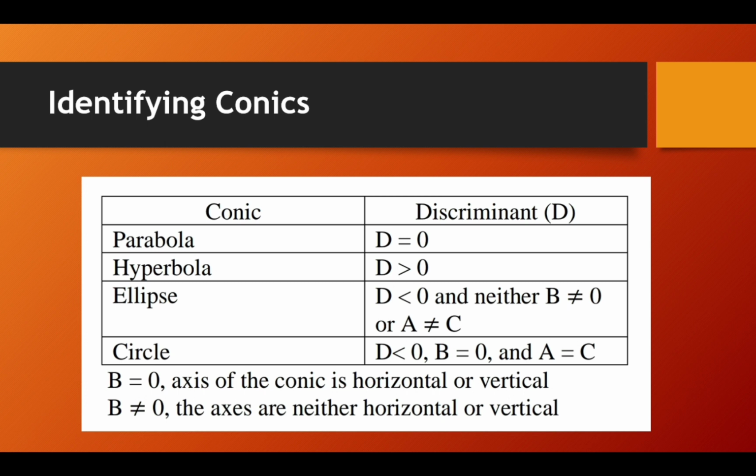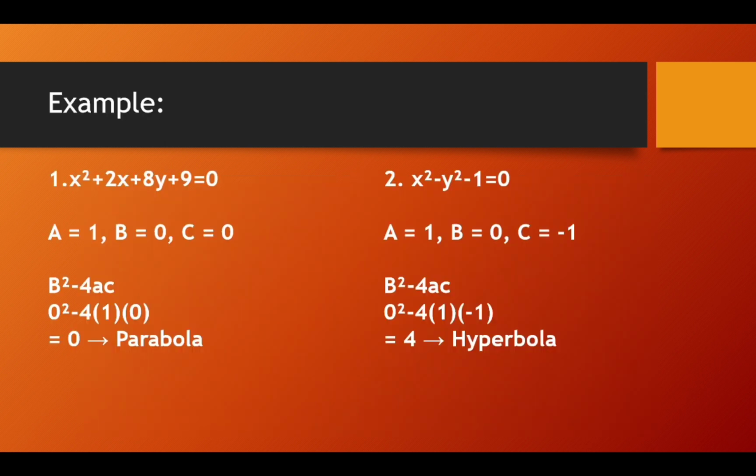So, example 1, we have x squared plus 2x plus xy plus 9 is equal to 0. The first thing we need to do is to identify the a, b, and c. Our a is the coefficient of x squared, b is the coefficient of xy, and c is the coefficient of y squared.